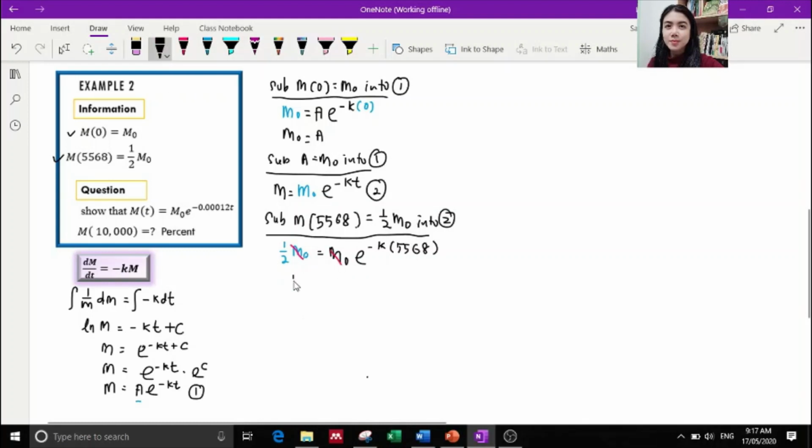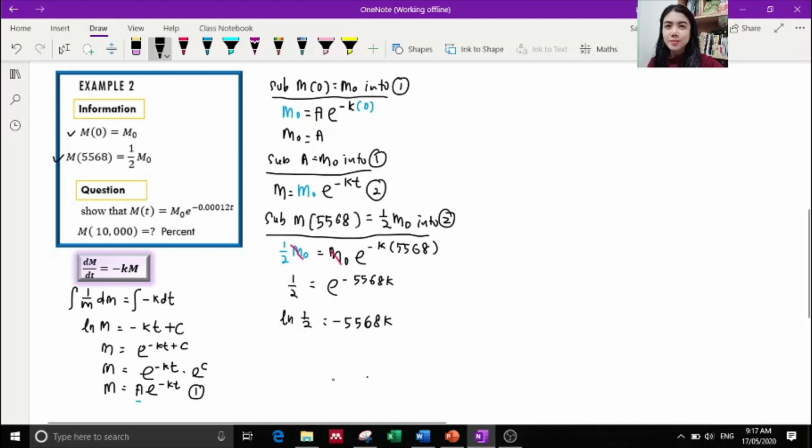So we have the next line, we have 1 over 2, and for the right hand side you have e to the power of negative 5568k, and ln both sides. Okay, if you ln both sides, for the right hand side you ln with the exponent, you will have negative 5568k.